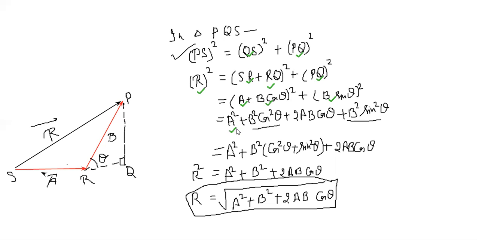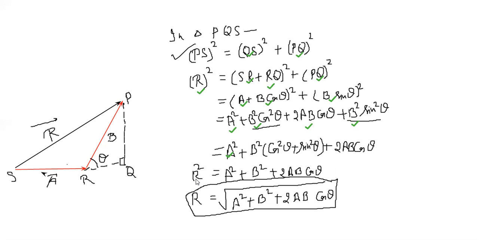So we write A square plus B square cos square theta plus 2AB cos theta plus B square sin square theta. We take B square common, so we get cos square theta plus sin square theta, plus 2AB cos theta.